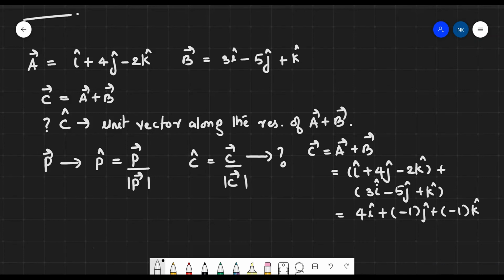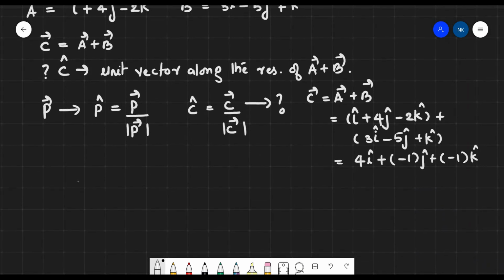So आपका C वेक्टर का value आया, 4 i cap, isn't it, minus j cap minus k cap.